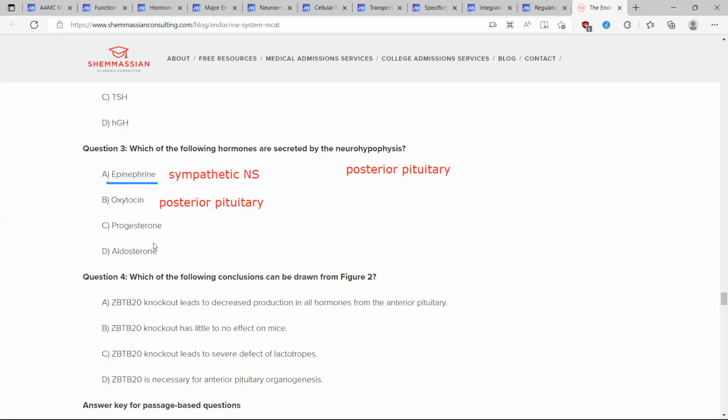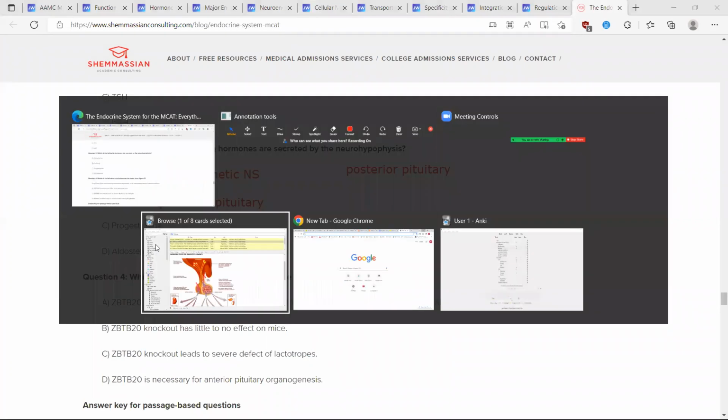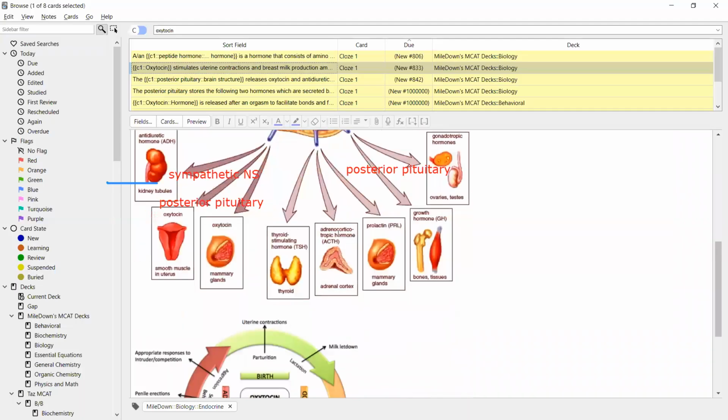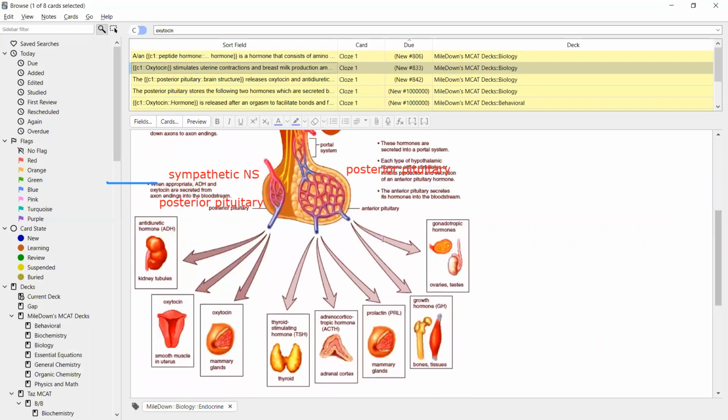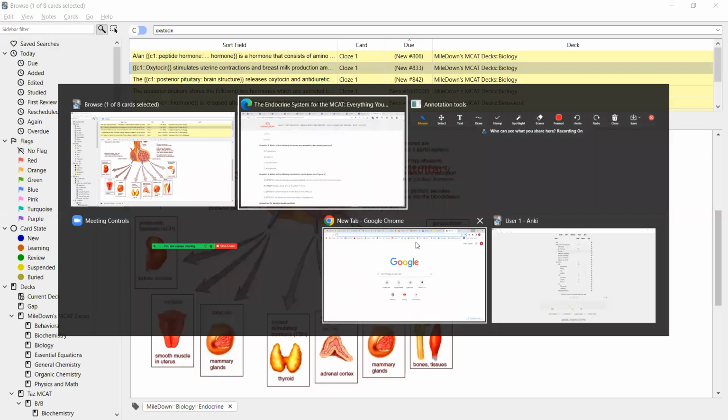Then we have progesterone and aldosterone. Where does progesterone come from? It comes from the FSH and LH, the gonadotropic hormones that are released by the anterior pituitary.